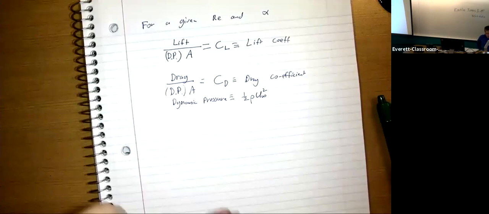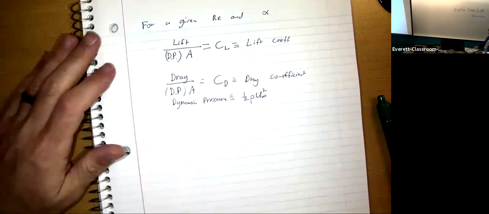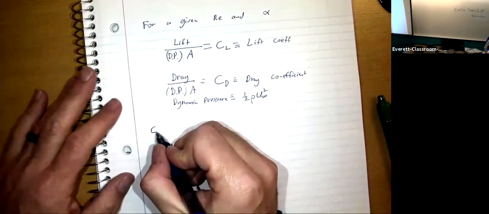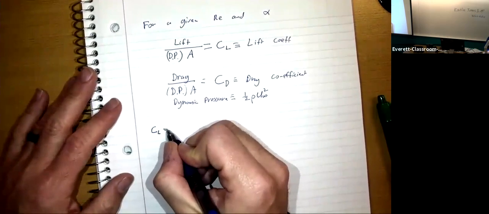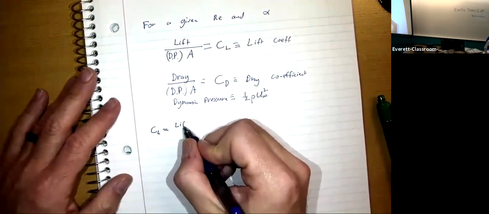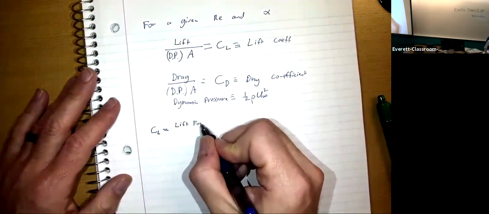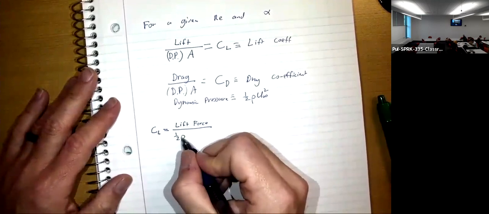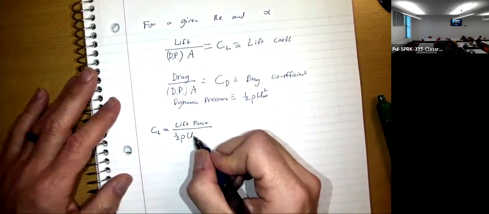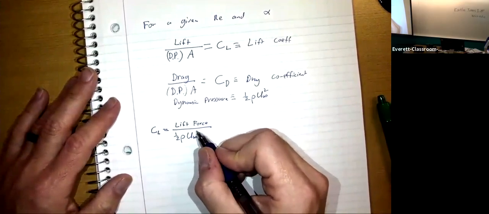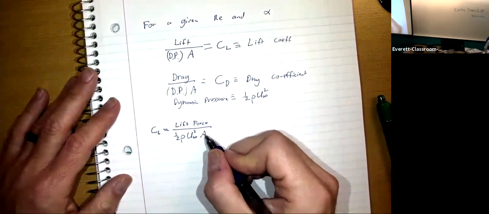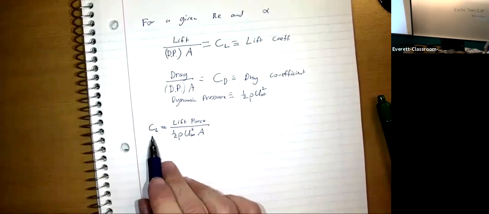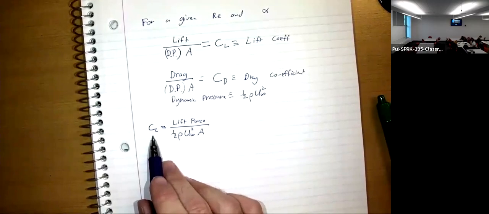I have seen this, and the textbook makes a point of this, that you see CL equals my lift force divided by 1/2 rho U infinity squared times A. And the book notes that this is always written as capital C capital L. I don't know if this is actually true.